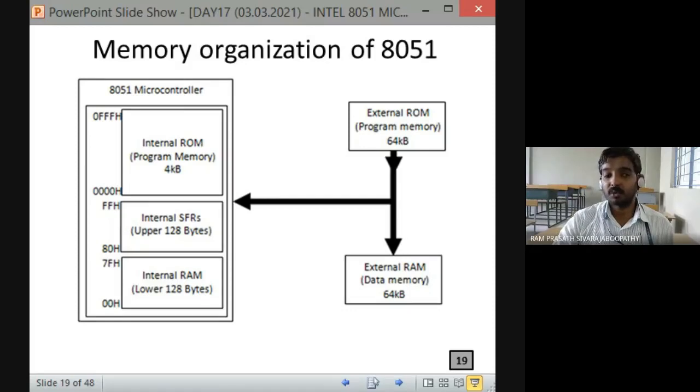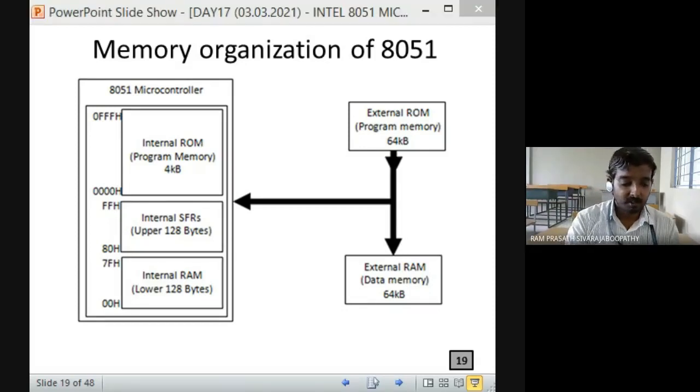The addresses 00 to 7F are for internal RAM or on-chip RAM. Then the remaining address space, 80H to FFH, is meant for SFRs.